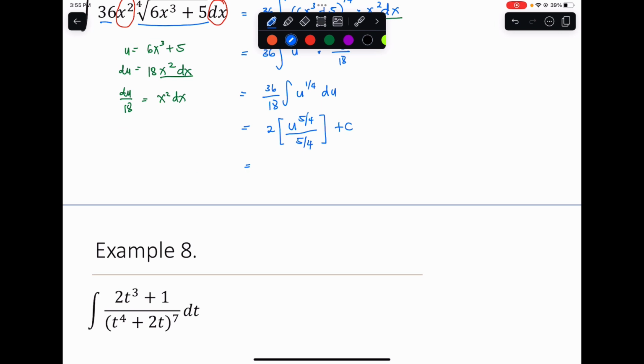Times 2, that becomes 8 over 5, multiplied with u raised to 5 over 4 plus c. So finally, that will be 8 over 5 times our u, which is 6x cubed plus 5, raised to 5 over 4, plus c.